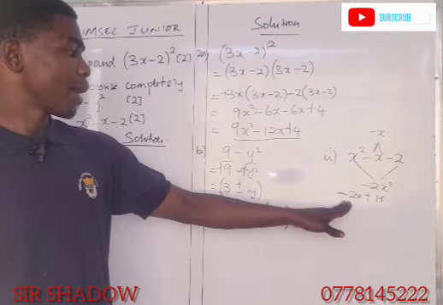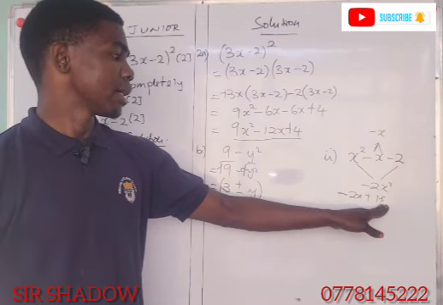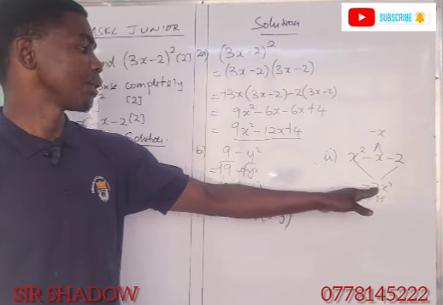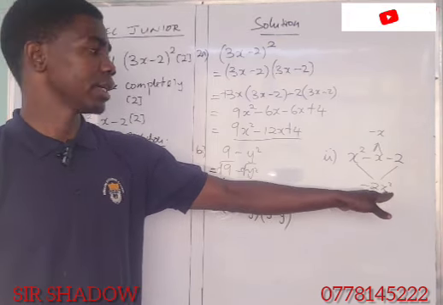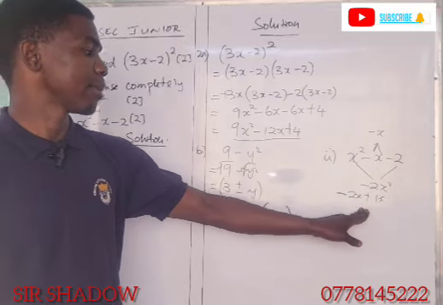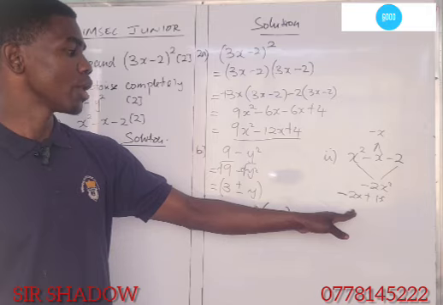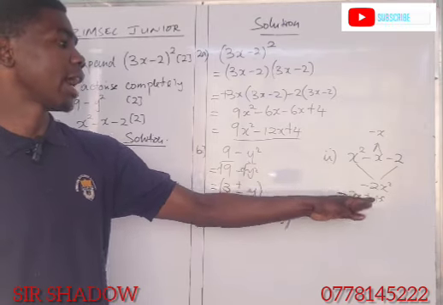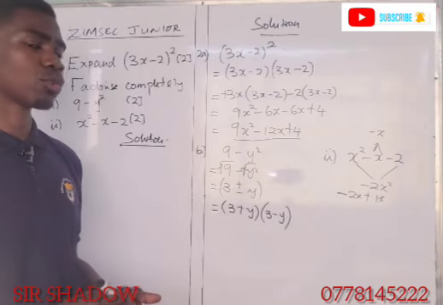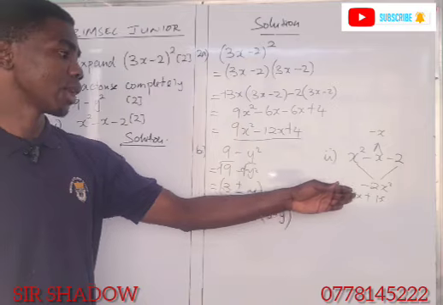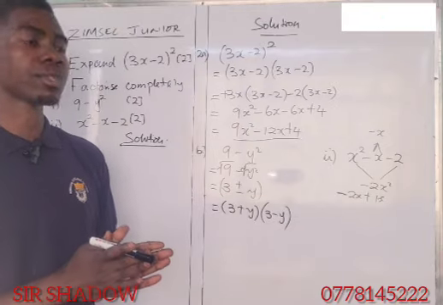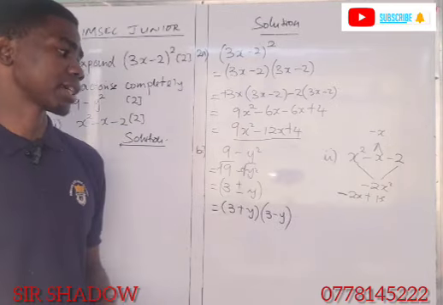If you multiply minus 2x times x, it will give us minus 2x squared. Then if you add minus 2x plus x, it will give us minus x, meaning that minus 2 and 1 are the factors, whereby if you multiply them, they will give us minus 2x squared, and if you add them, they will give us minus x.